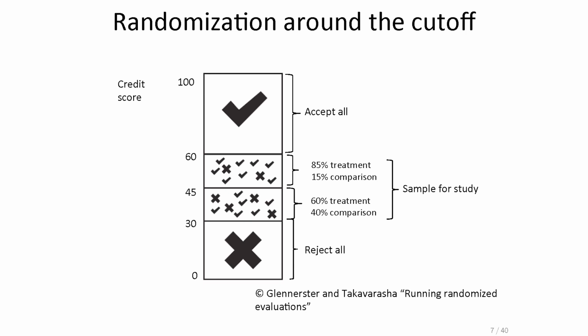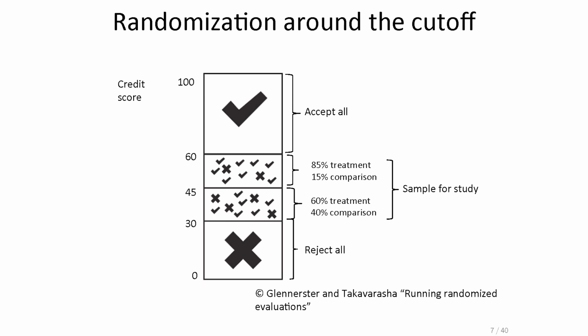On the contrary, if it turns out that these 30 to 45 guys are just as good, then you can lower the threshold in the future. So in this example, they might be willing to randomize. They still prefer their good guys. So let's say the probability of treatment will be 85% above the threshold, and the probability of treatment will be 60% below the threshold. It could be even lower.